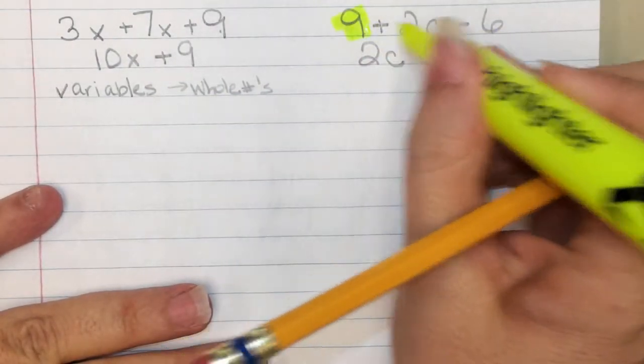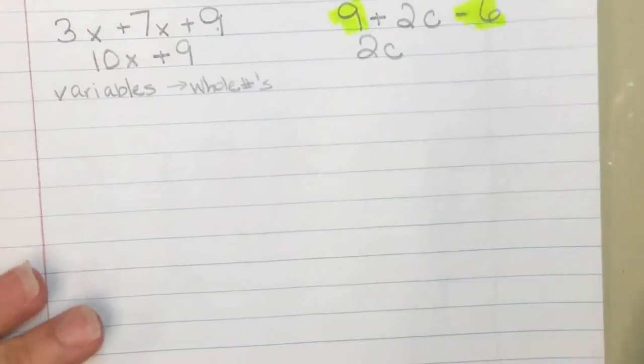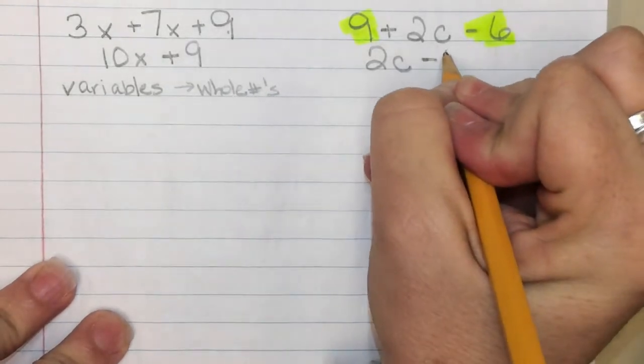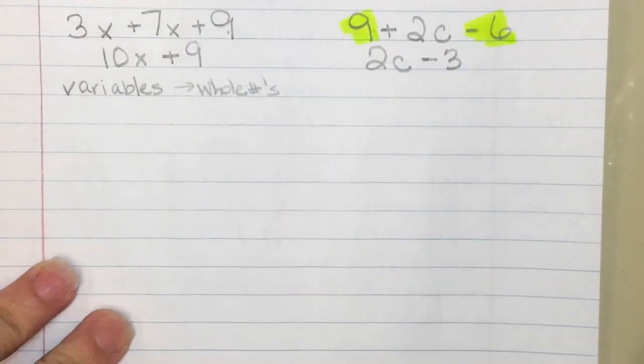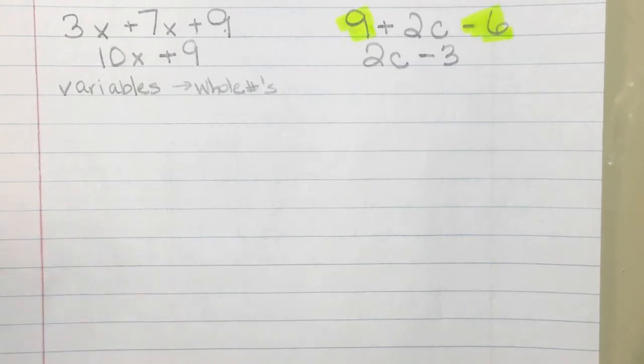Think about it. 9, use the symbol in front of the number. Minus 6 is 3. So we're going to do minus 3. We got to start learning to combine all this stuff. And the hard part for me is they're all different. I could do 20 different styles of problems.